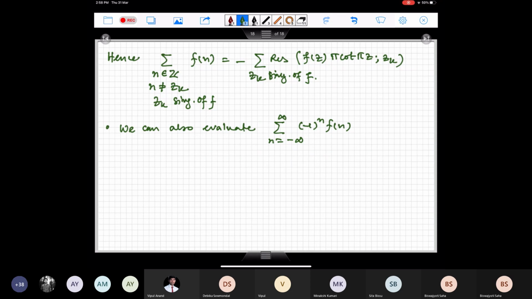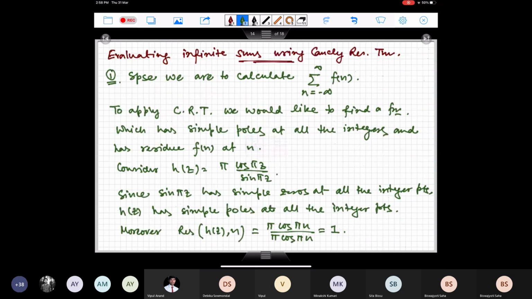So what's the requirement? Initially, if you go back to the beginning, I started with a function h which had simple poles at integer points and the residue was 1.